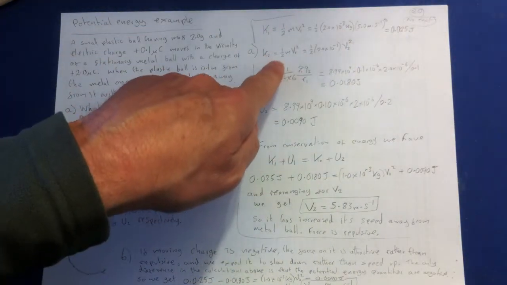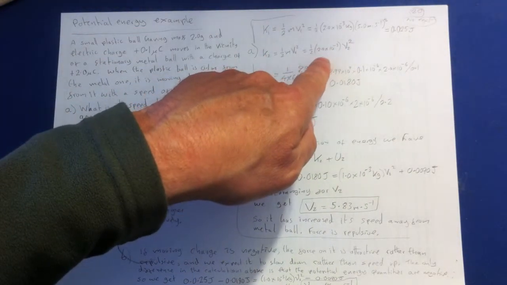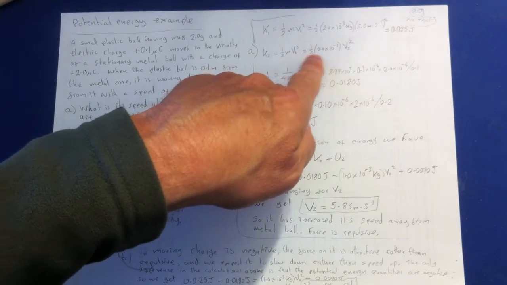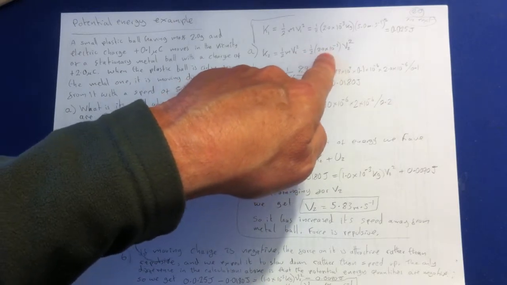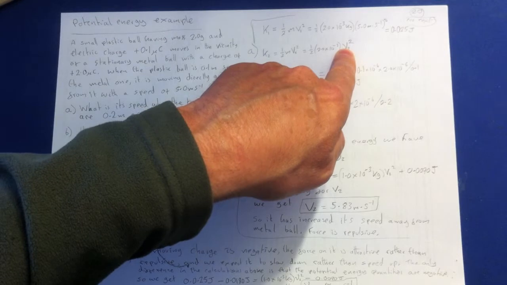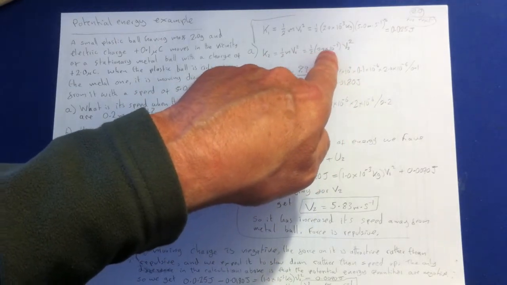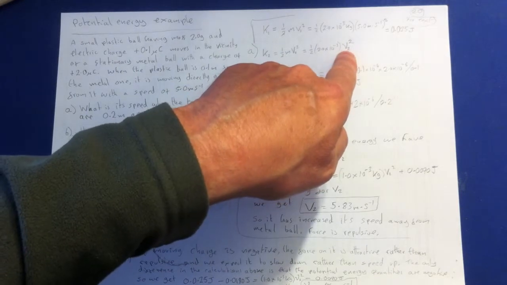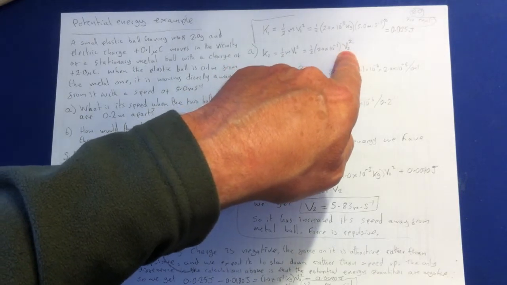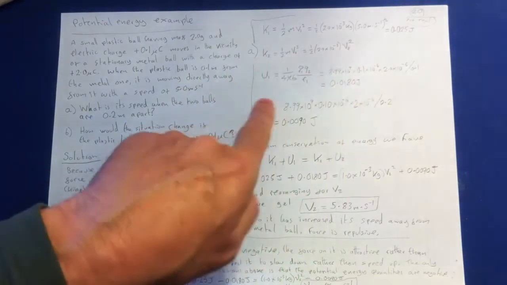For the final kinetic energy, all we have is the mass. We don't know the final velocity, because that's what we're trying to find. So we write down a half, 2 times 10 to the minus 3, V2 squared.